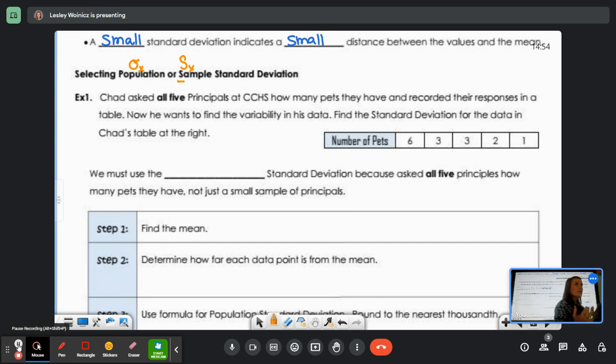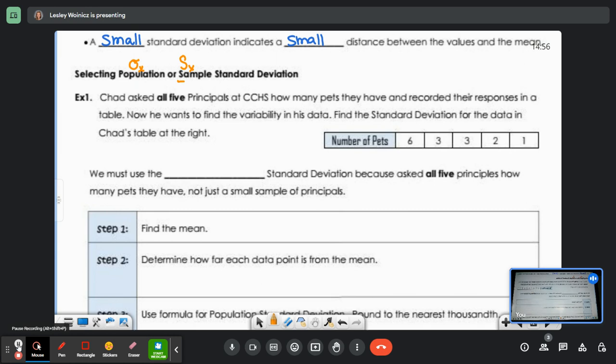In order to use this population standard deviation, you have to have data on everybody in the entire population. So if I wanted to survey all of the kids in this room and ask them how many dogs... Chad has asked all 5 principals at Capital City High School how many pets they have, and he recorded their responses in the table. Now he wants to find the variability in his data.